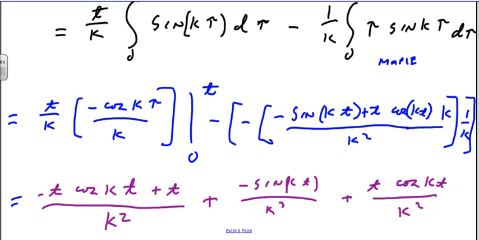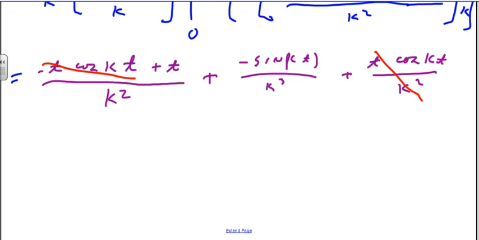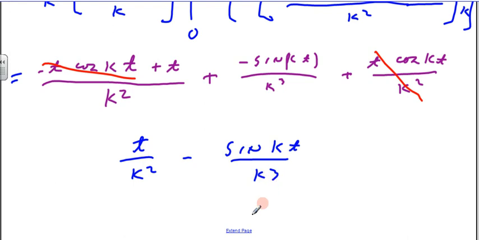Okay. Now over here I have minus t cosine kt over k squared, and here I've got t cosine kt. So minus guy, plus guy, they go away, and all I have left over is t over k squared minus sine kt over k cubed.